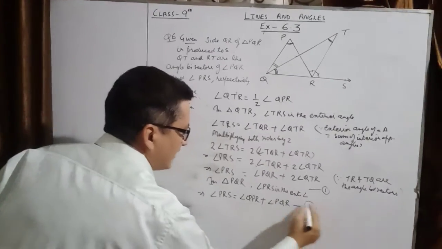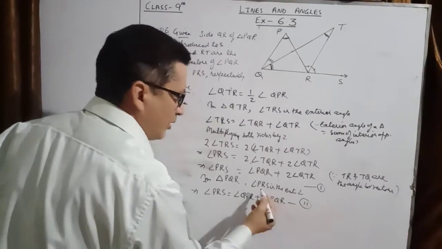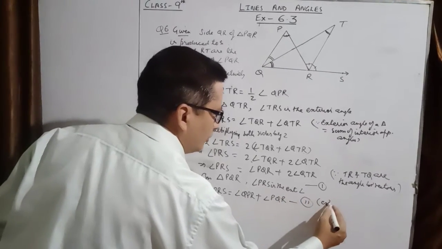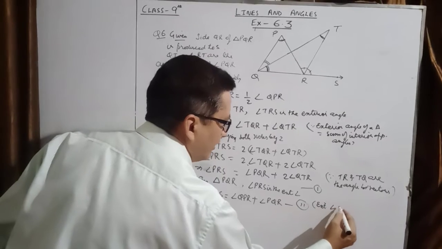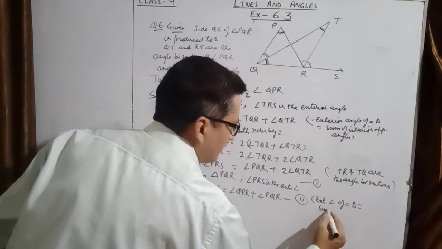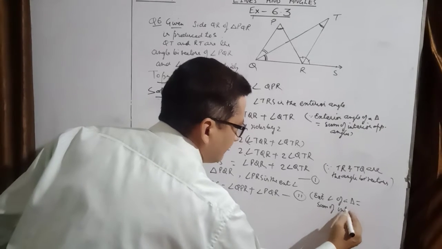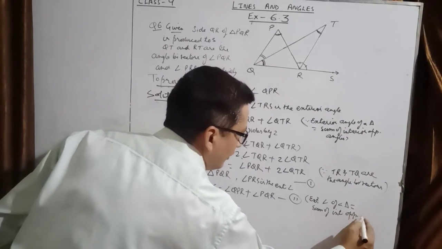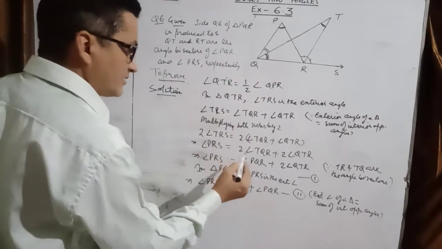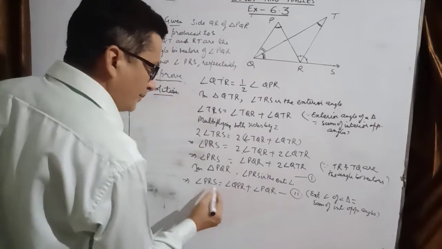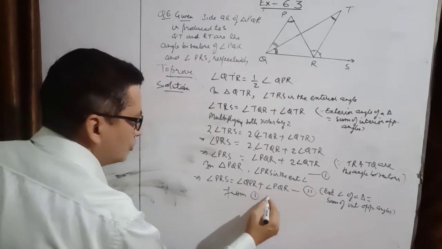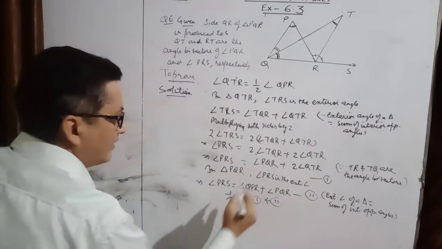You take this as the second equation. Which property will it be? The same property, because the exterior angle of a triangle is equal to the sum of interior opposite angles. Now PRS is equal to this and PRS is equal to this also, so we can equate 1 and 2. So from 1 and 2 what we get?